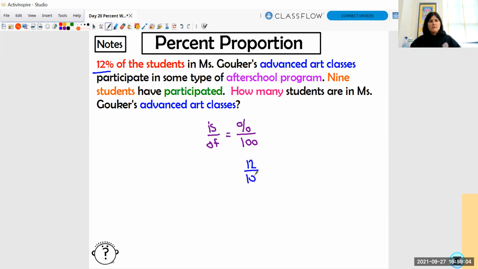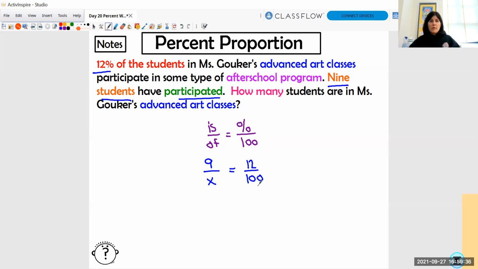I am going to put that in the percent because 12% is the same as 12 out of 100. These kids are participating in the after school program. We have 9 students that participated. So then how many are in all of her art classes? 9 is the part that participated, the 12%, and we don't know how many are in her art classes. That's what we're trying to find out.